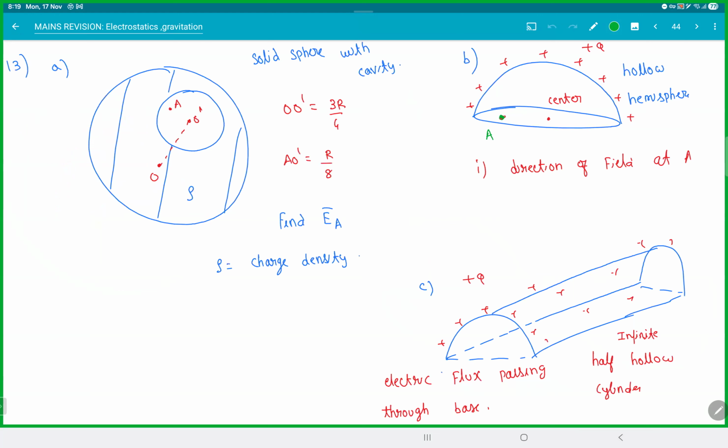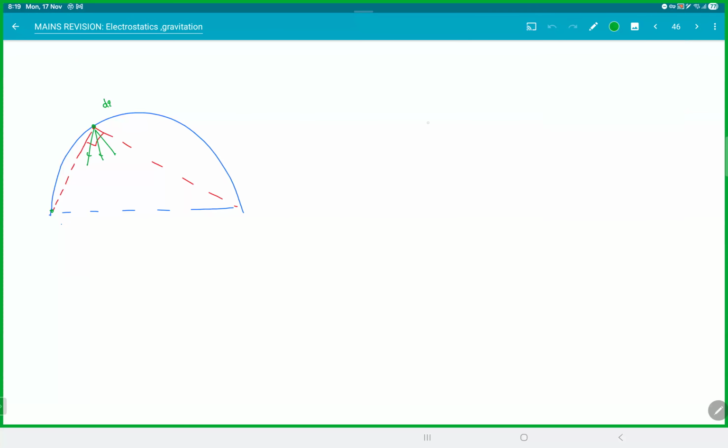Since it is an infinite cylinder, I can treat each ring like an infinite line charge. And for an infinite line charge, which way are the field lines going? Radially. So the field lines go like this, in one plane. Clear with this? This is your dq, basically a line charge. In 360 degrees, you will give how much flux? dq by epsilon.